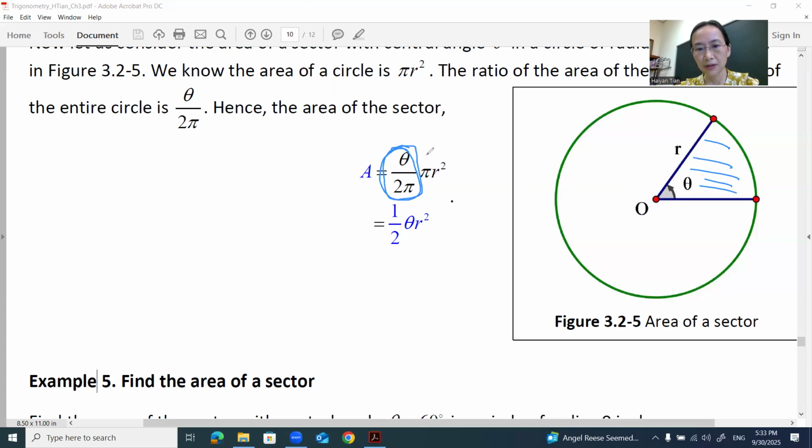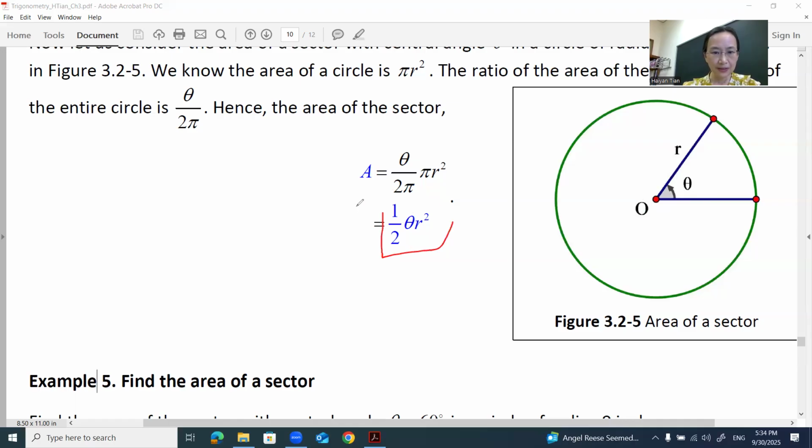After we cancel the pi, we see half of theta r squared as the area formula for the sector. Be aware that theta is also in radians. When we derived this formula, theta in radians was compared with the complete central angle, also in radians. So theta has to be in radians.